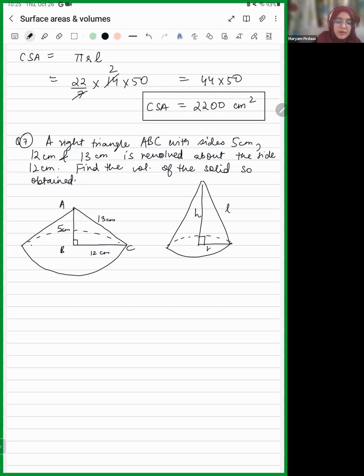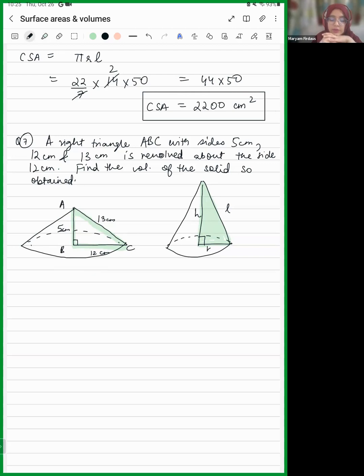So similarly, this is your right angled triangle and this is going to be your cone, just like the cone we saw in the video right now. Is it clear or is there any doubt? I feel that some of you have a doubt. No doubt, ma'am.